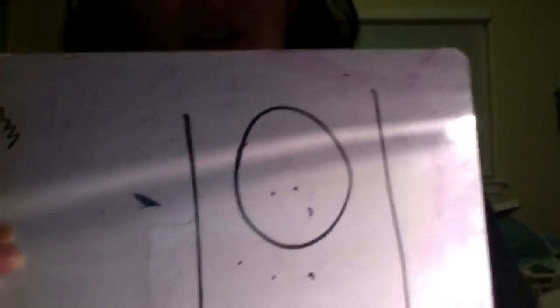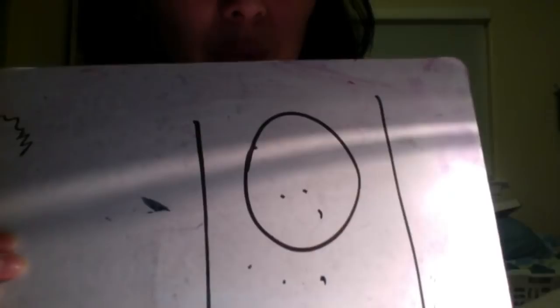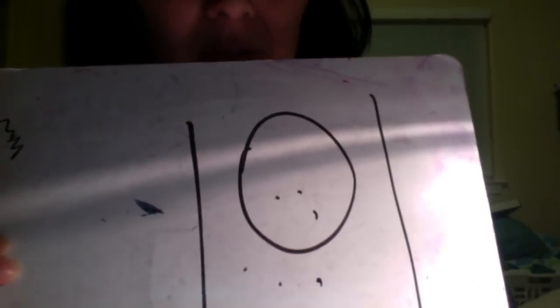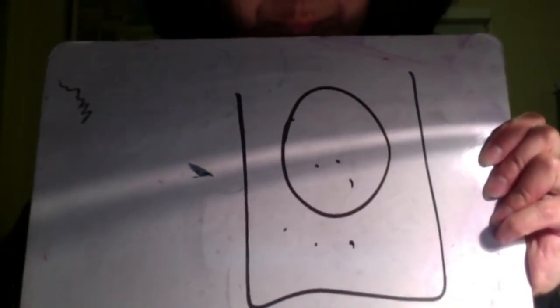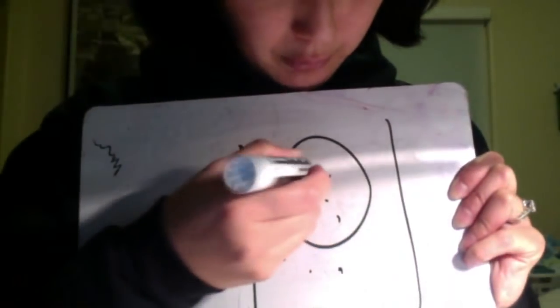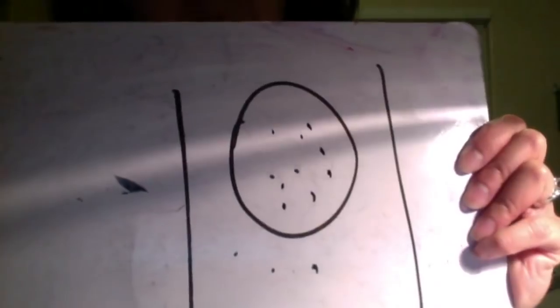Okay, so isotonic then, remember that's dynamic equilibrium. That means that equal amounts of water are moving back and forth, right? Now, in comparison, let's say now we have a solution where there is a lot more solute inside, right, compared to outside.